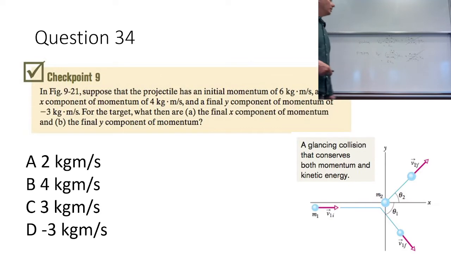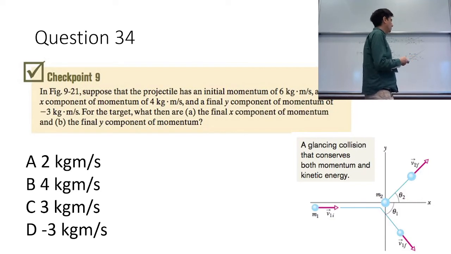Okay, so let's use that trick and look at this question. In this figure, same setup. Suppose that the projectile has an initial momentum of 6 kilogram meters per second, and a final x component momentum of 4 kilogram meters per second.